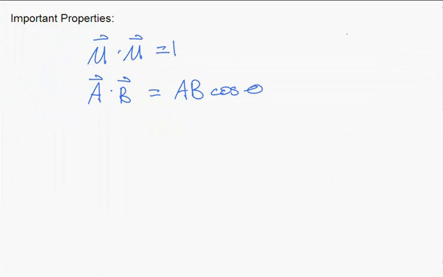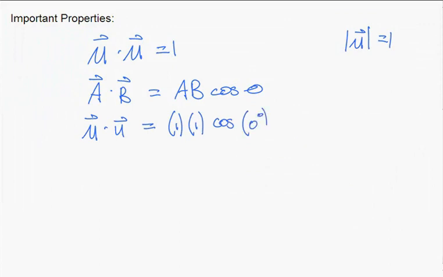Taking the magnitude of the unit vector equaling 1, we can substitute the magnitudes into the equation, take the cosine of the angle between the two vectors, which is 0 degrees due to them pointing in the same direction, calculate this, and it equals 1.